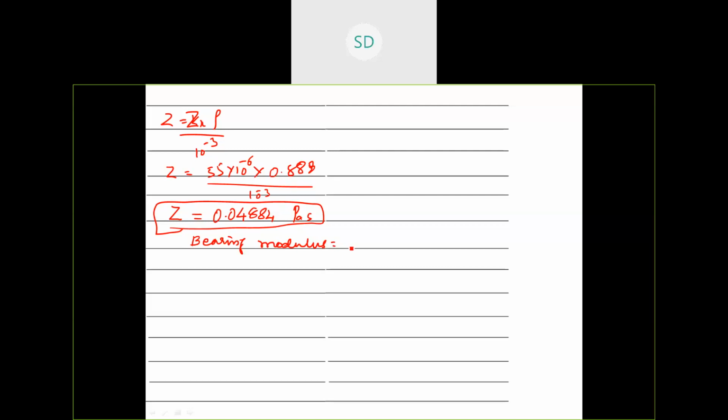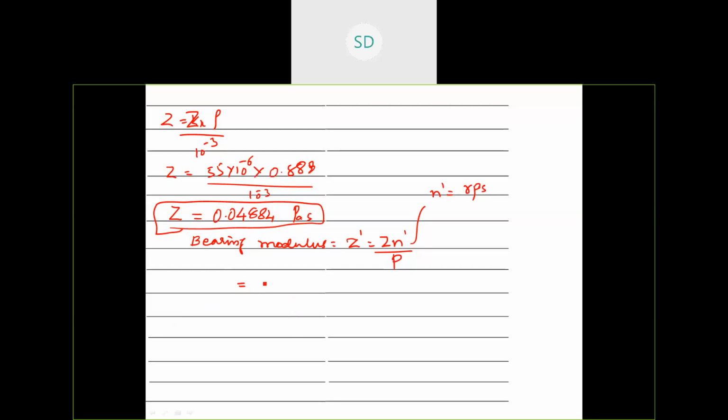Now the bearing modulus is equal to Z n dash by P. Now n dash is RPS, revolutions per second. Let us substitute.